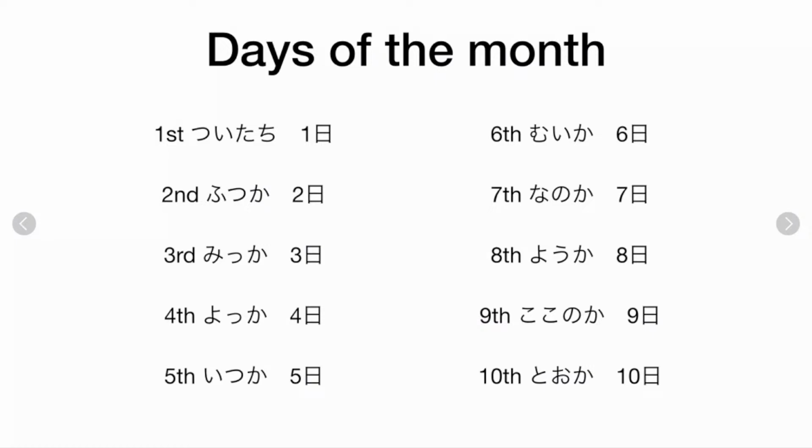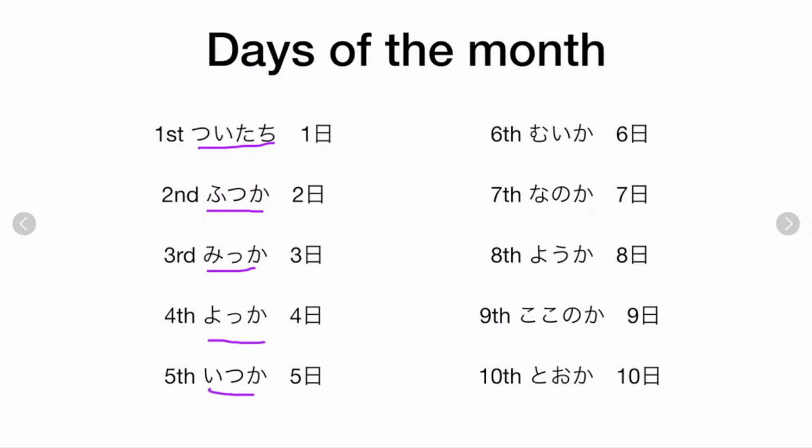So the dates of the month. There's a little bit of a pattern here, but it's not a consistent pattern. Just bear with me, and then later on when we learn counter words, maybe this will make more sense to you. So, the days of the month. Tsuitachi is the first. Futsuka is the second. Mikka is the third. Yokka, the fourth.